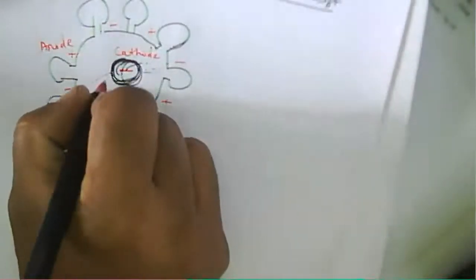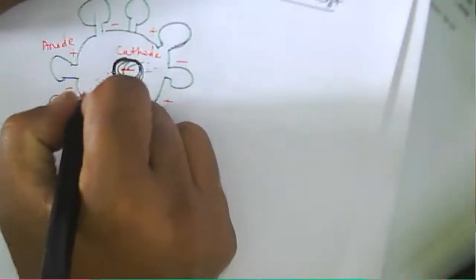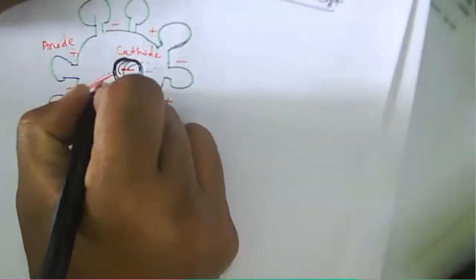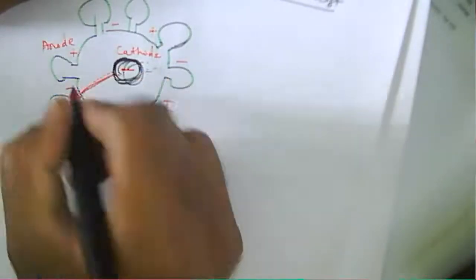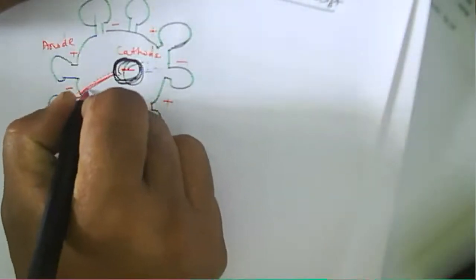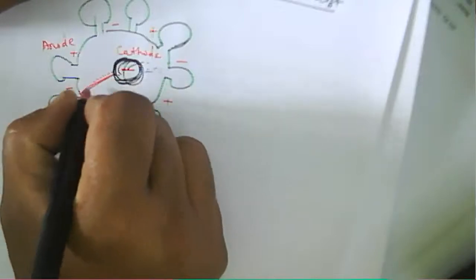Now when electrons are emitted from the cathode, directly they will reach the anode here, and this is the radius, the distance traveled by the electron from the cathode to the anode.